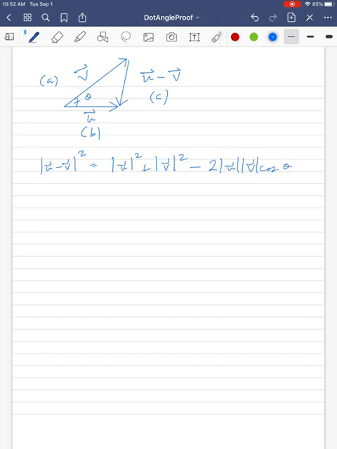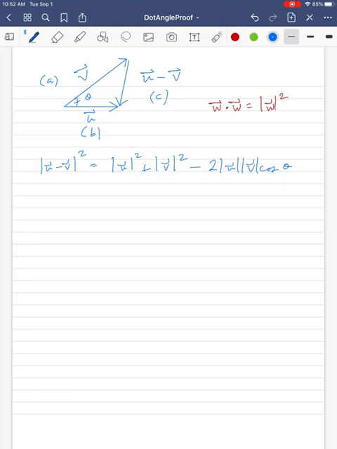All we do now is remember that length squared is a vector dotted with itself. For any vector w, w dot w is the length of w squared. We use that several times. Let's write this out.